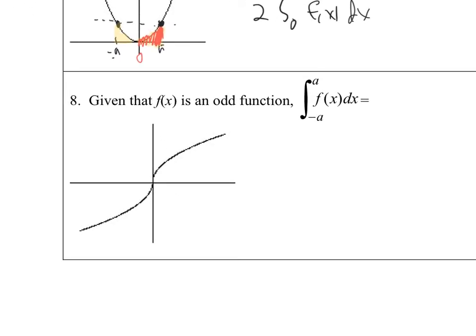Odd function. Let's review your odd function terminology. An odd function is f of a is equal to negative f of a. I should say that's not true. That's not equal.